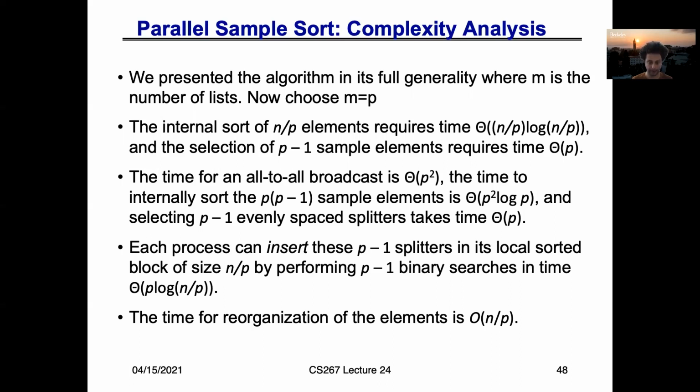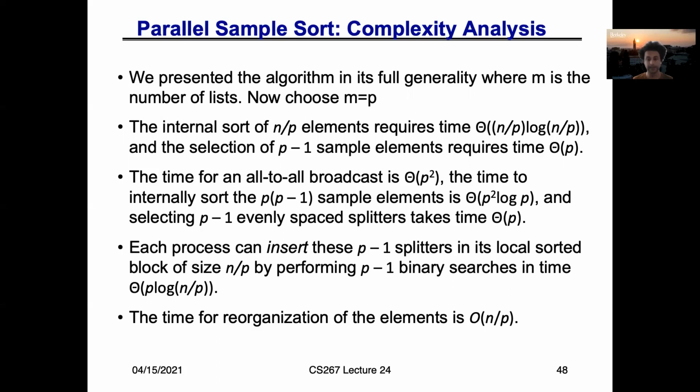The time to all-to-all broadcast p times (p minus 1) elements is p squared. Actually, this is not an all-to-all broadcast because this needs to go into one processor. So we should call this either an all-gather or a gather.